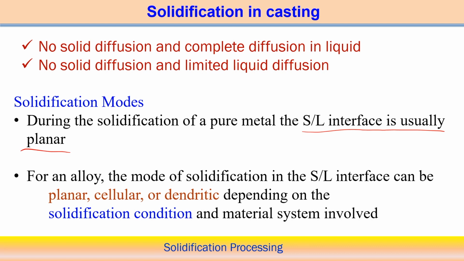But for an alloy system, the solid liquid interface can be planar, cellular or dendritic, depending on the solidification conditions and the material system involved. We will try to explain the conditions under which a planar, cellular or dendritic structure will form, or what conditions prevail such that a planar front will be formed during the solidification process.